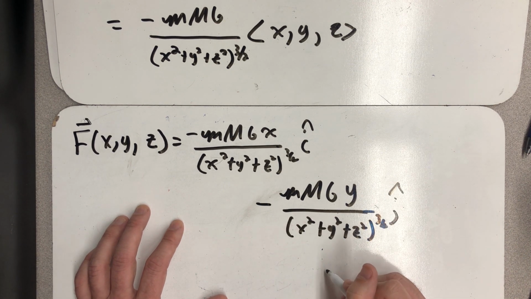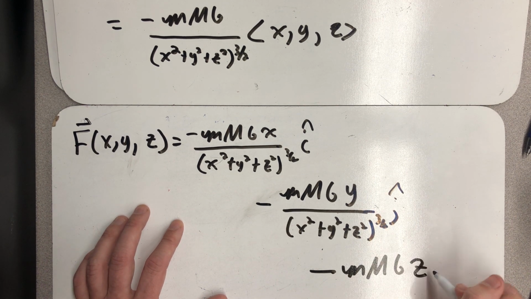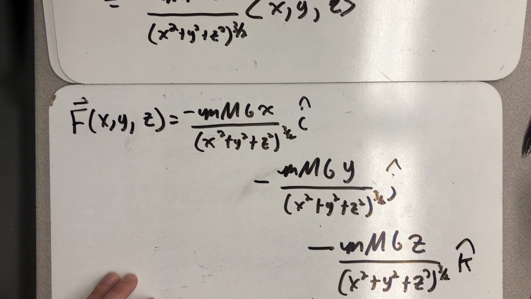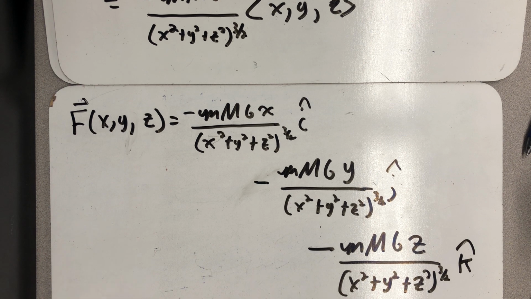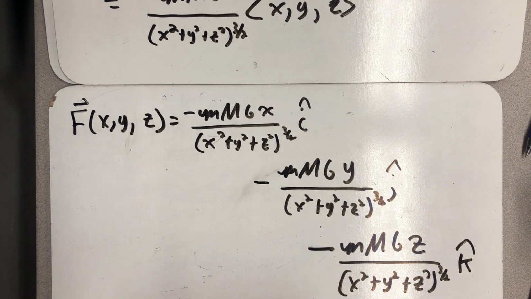And then finally in the k direction. And there is a vector field based on Newton's law of gravitation. So if you were to put in your mass and the Earth's mass, then this would be a vector field that would give the force of gravity for any point around the center of the Earth.